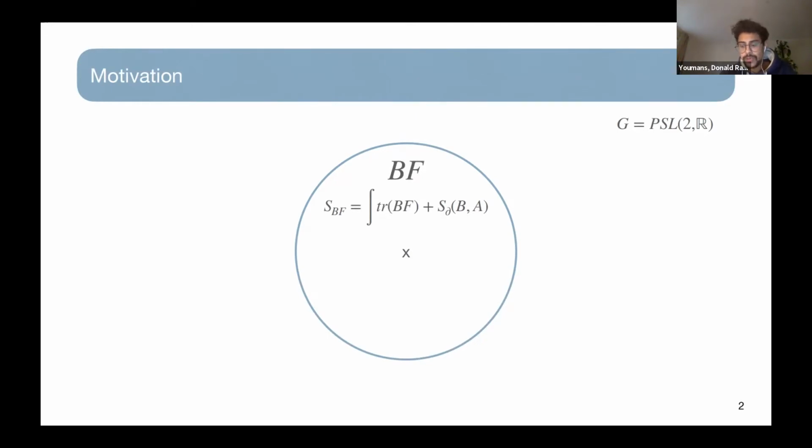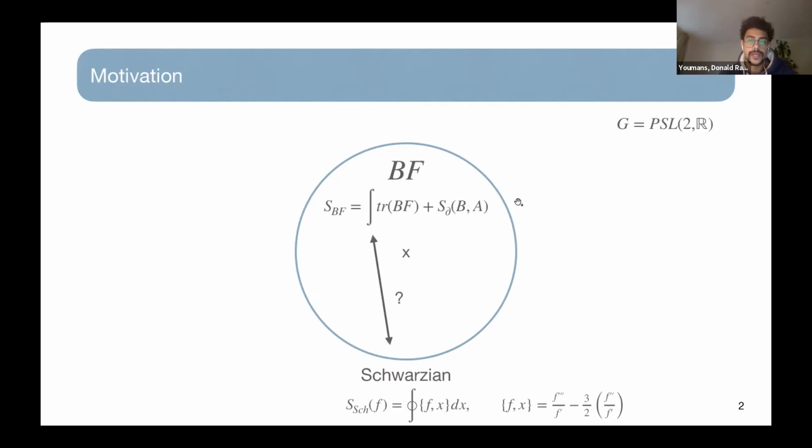And it was shown that on the gravitational side, there was a relation between the bulk gravity theory or BF theory and the so-called Schwarzian theory on its boundary, which was seen to be an effective theory for some of the fields. The Schwarzian theory is a theory whose action functional is the integral of the Schwarzian derivative of a certain function.